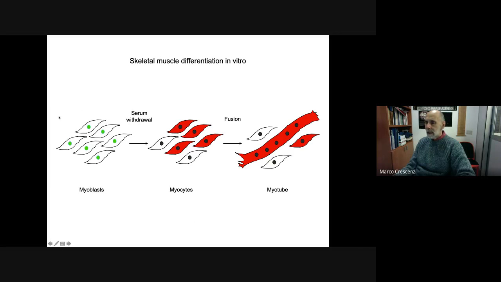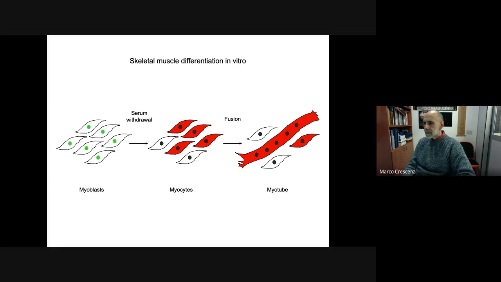They can be grown, propagated as myoblasts. There are many myoblast cell lines, immortalized cell lines that you can grow limitlessly. Or you can actually put in culture primary cells from muscle biopsies from animals or even from humans. We have a lot of muscle, taking a small bit of it doesn't harm anybody.